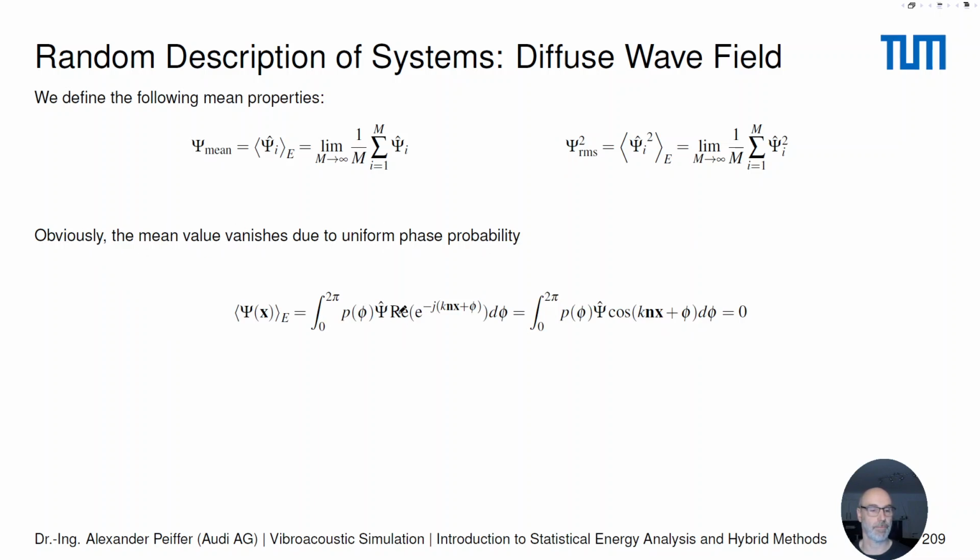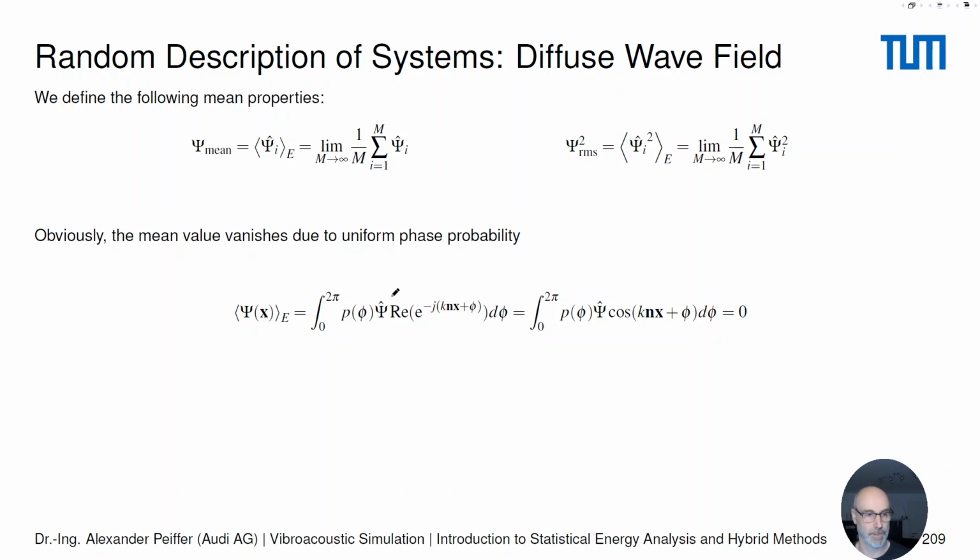When we think about the mean value at one specific position in our wave field, it's obvious that if we just consider the uniform probability and our given function for the wave field, for each single wave, and if we then get rid of our complex notation and really use the cosine function, which is necessary here, we will end up with 0.